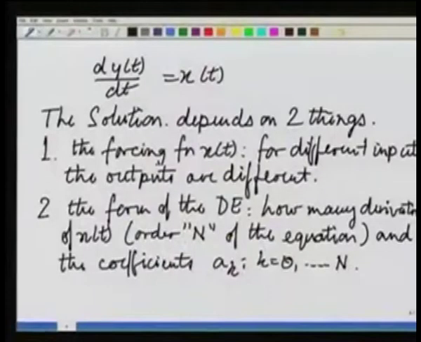In the second point, we are saying that even if the input is unchanged, if the form of the differential equation changes, that is to say, either the order changes, or even if the order does not change, if any of the coefficients changes, then the solution will change. Thus, the solution depends both on the form of the equation and the form of the forcing function, the particular case of the forcing function.